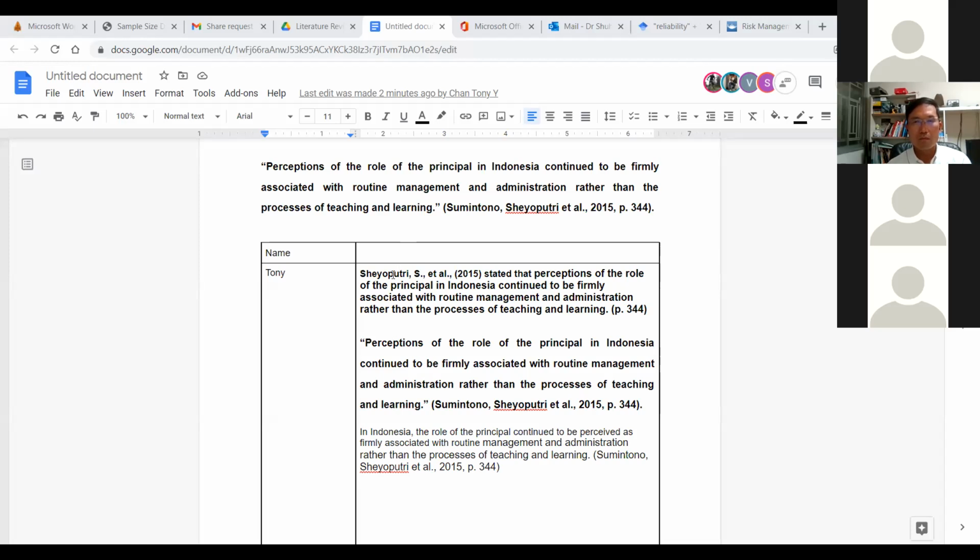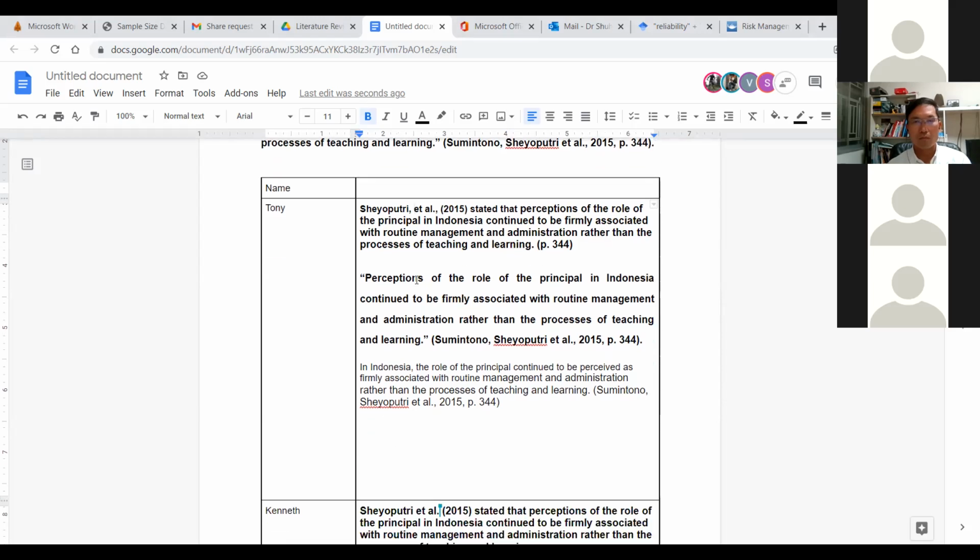So you can only write Shaipu 3 et al. No need for this. Understand, right? So Shaipu 3 et al. stated the perceptions of the role of principal in Indonesia continue to be firmly associated with the routine management. This is fine, no problem.